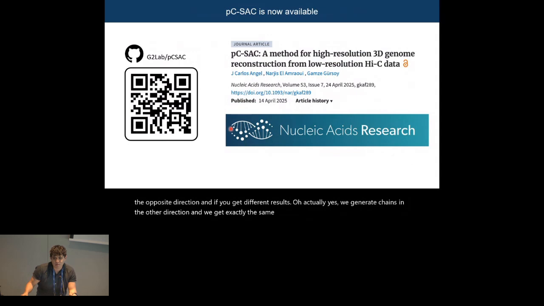Interesting. So is it guaranteed that would happen, because is the energy function that you're using guaranteed to be symmetric? Well, I actually don't have an answer for that, but the results seem to imply that it's guaranteed that it will happen. Okay, good.